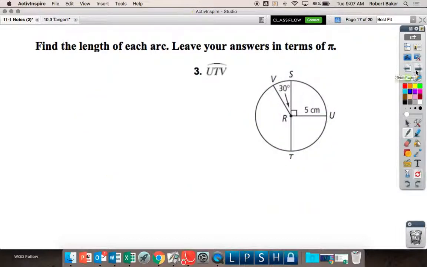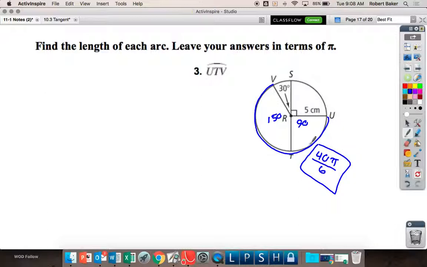So we're guessing that this length from here to here, UTV, is 40 pi over 6. We have this information that we already discovered earlier, and we're just double checking to see if that answer is correct.